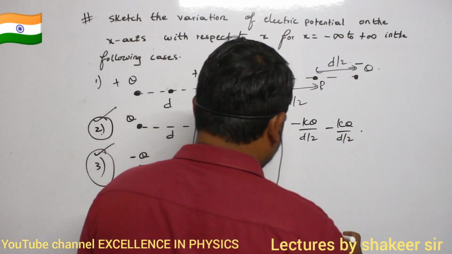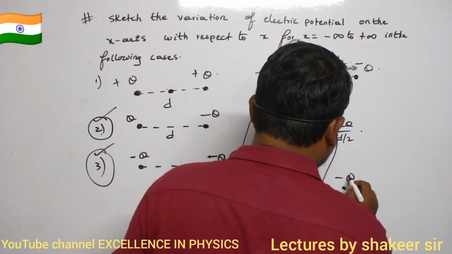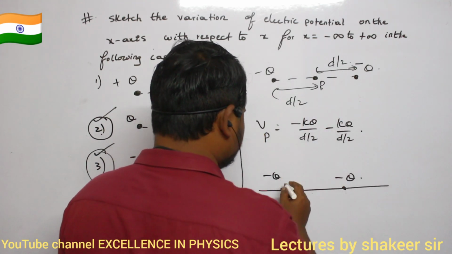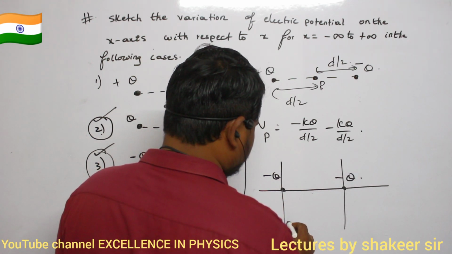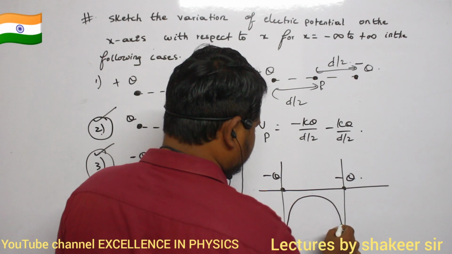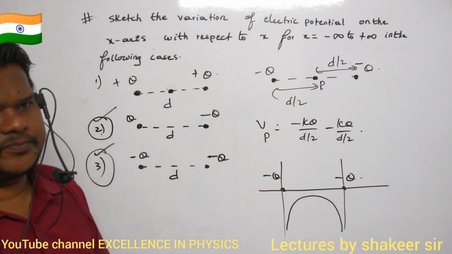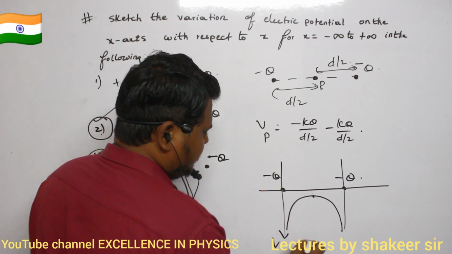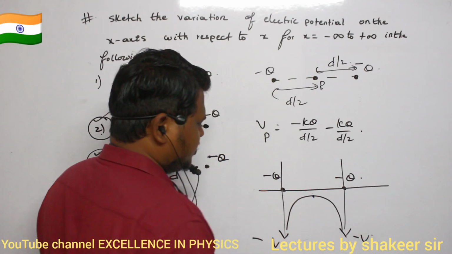So how can I draw the graph? This is minus q, this is also minus q. The graph I have to draw like this. Both potentials are negative, and exactly at the center potential will be minimum. Negative potential, negative potential.